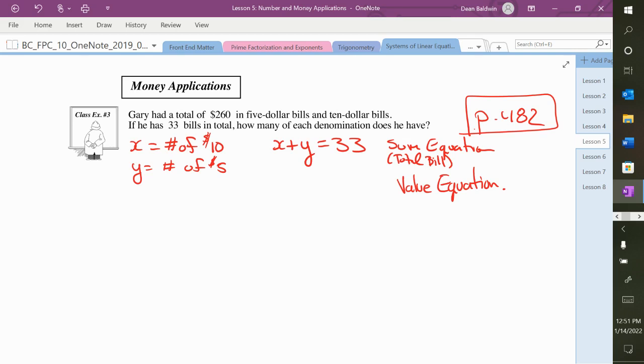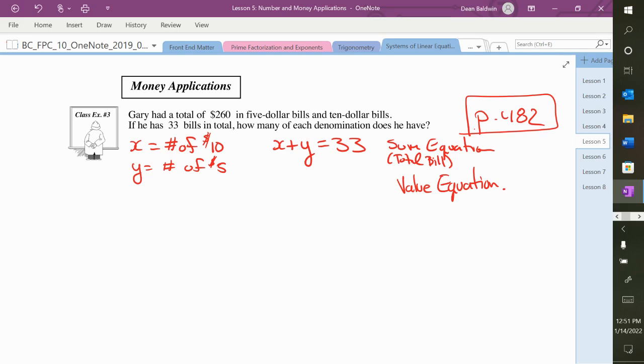How did you get that? Exactly. You went, I have 4 $5 bills, so that's 4 times 5. And then 2 $10 bills, which is 2 times 10. And then I added those together, right?